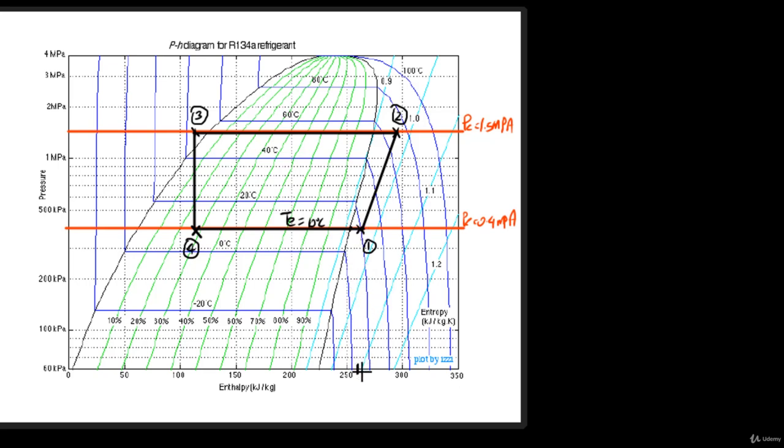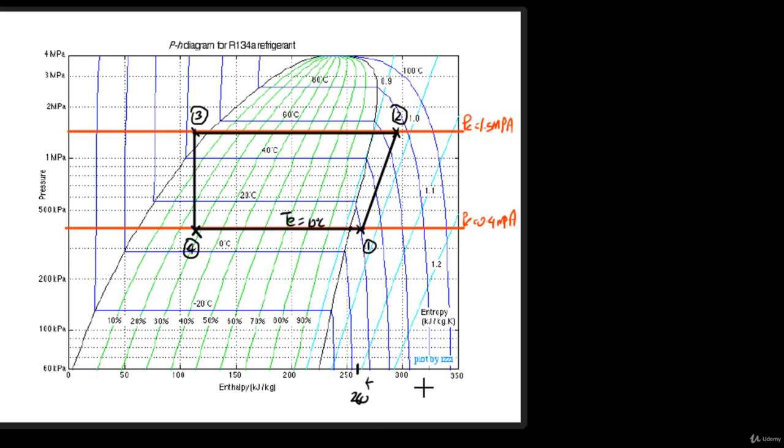Only H1 is affected. Initially it's at 265. Over here, it actually moved inwards by a little bit. It's a little bit closer to the line compared to the previous chart. So this one is around 260, 260 instead of 265.